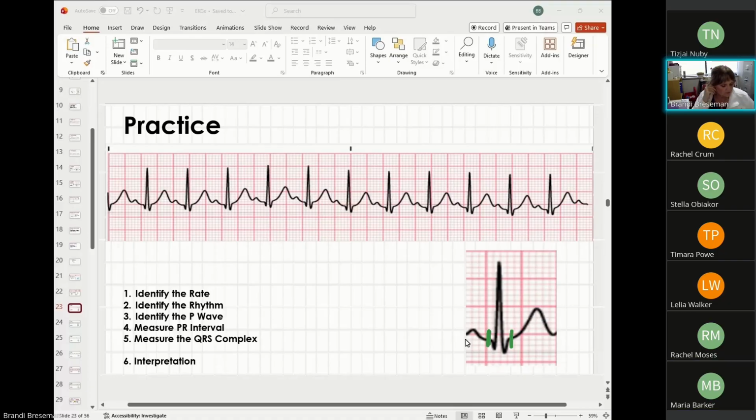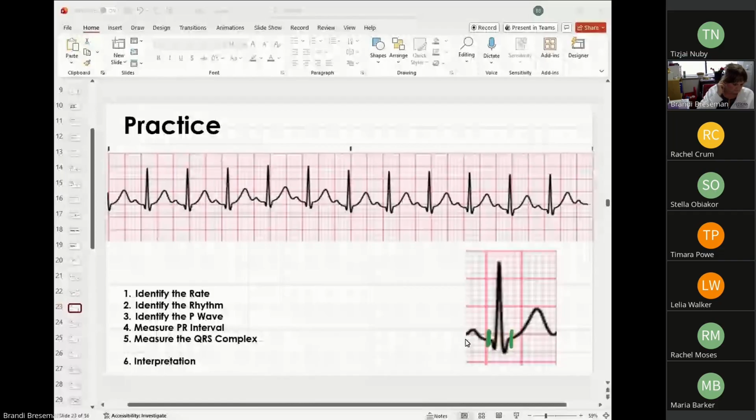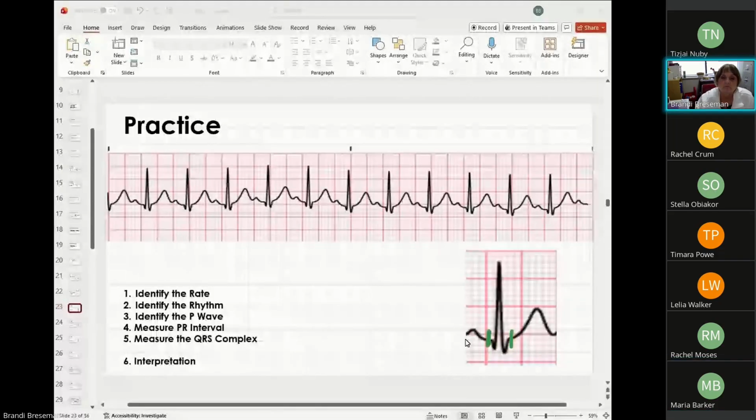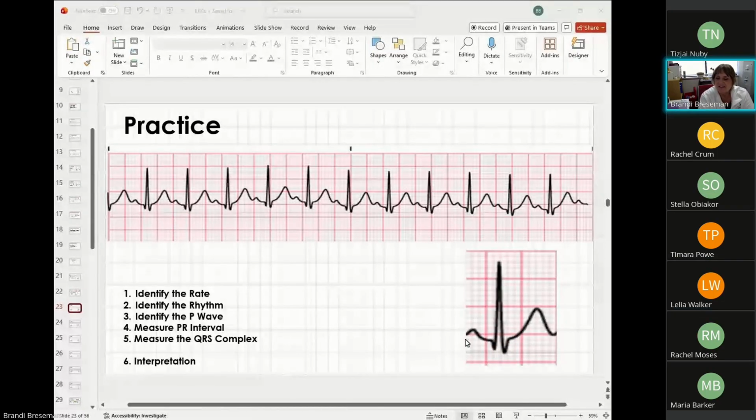Yeah, it looks like 3. Okay, so 3 times 0.04 is what? 0.12. Very good. Is that normal? Yes, that is normal for a QRS. So what rhythm do you have? Sinus tachycardia. Yes, good job.